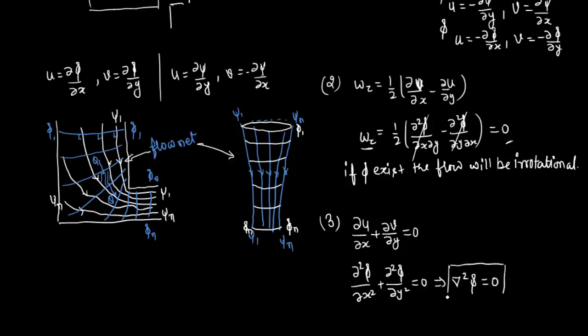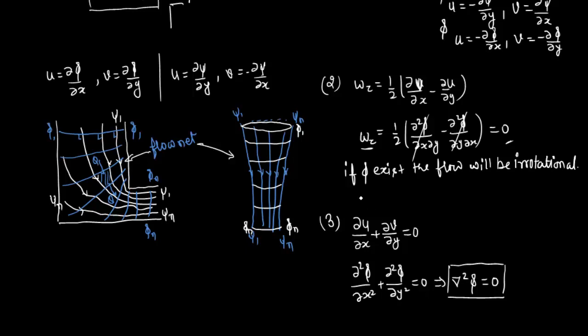Okay, so if phi exists and the value of phi is such that it is providing this value equal to 0, that is, if phi exists and if phi satisfies the Laplace equation, then the flow will be continuous. Means it's not giving the guarantee that the flow will always be continuous. It is simply saying if the potential function exists and if it's satisfying the Laplace equation, in that case the flow is going to be continuous.